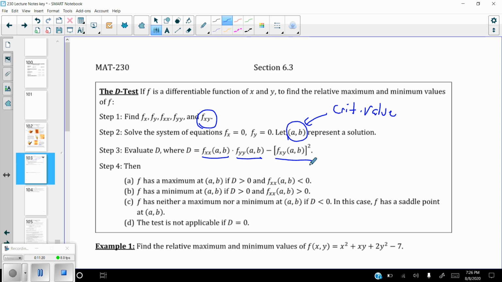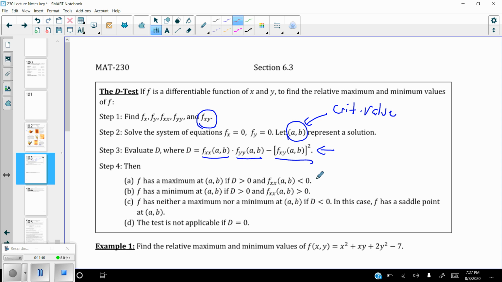Then you're going to have a maximum if D is greater than 0 and f of xx is less than 0. So it's two criteria. Then you're going to have a relative minimum if, once again, D is greater than 0, but this time f of xx is greater than 0 instead of less than 0. That would give you a minimum.